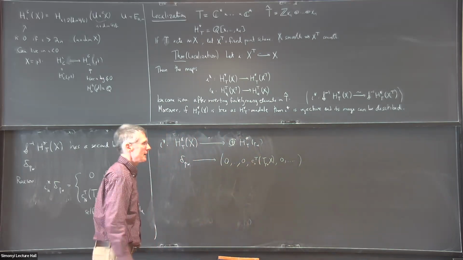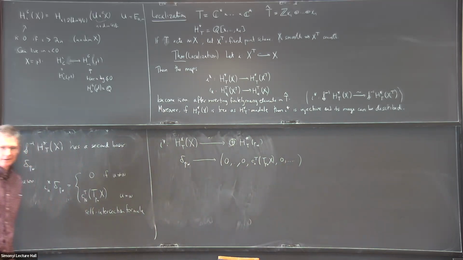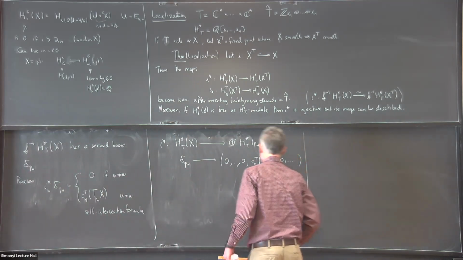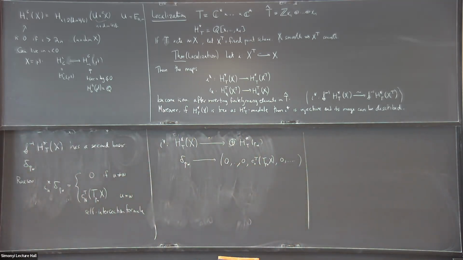And so the image is if I invert all these things, I get a basis on this side. And therefore that's a second basis for this thing after I've inverted all of these things. And as I said, I'll tell you what these are shortly, but the point is that, okay.